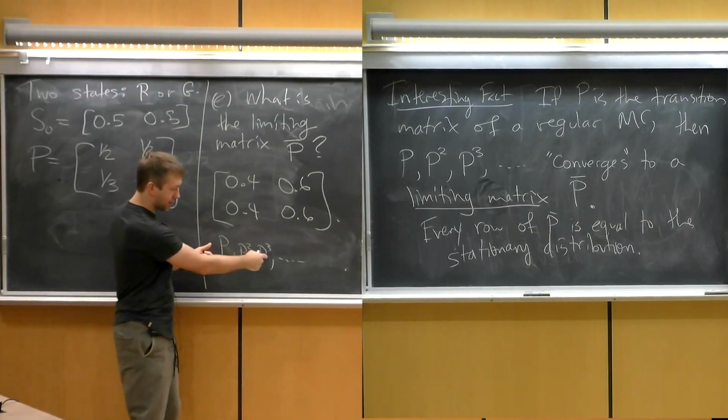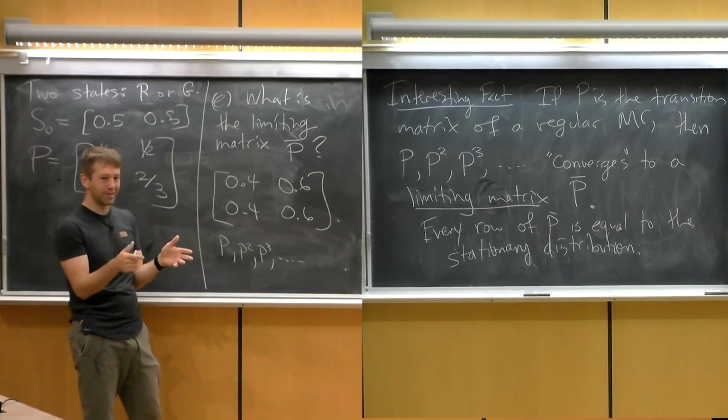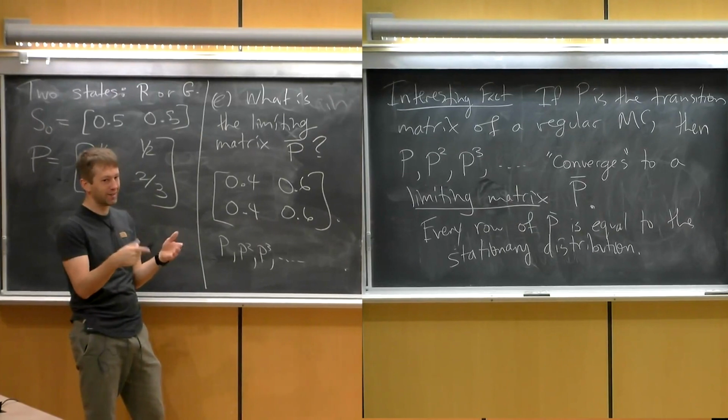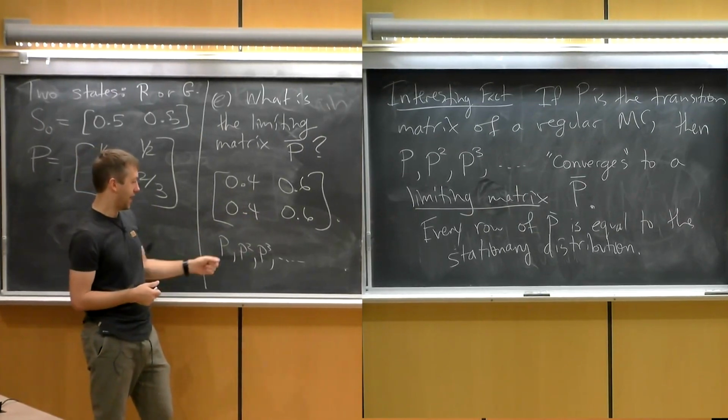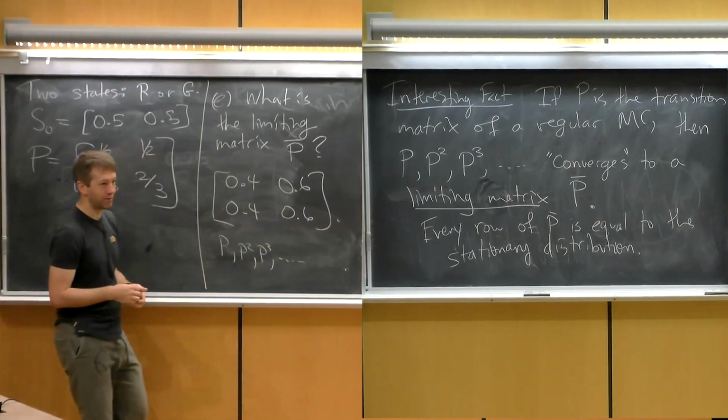If you keep taking powers of P, it's going to be a 2 by 2 matrix. It's not going to be a 1 by 2 matrix. So that's why you have to write it twice, because if you keep taking powers of P, it's still 2 by 2 forever.